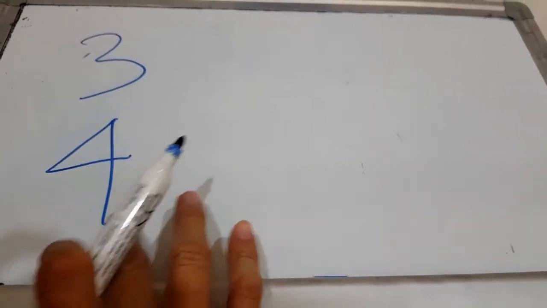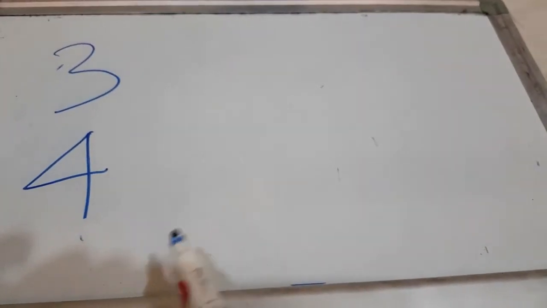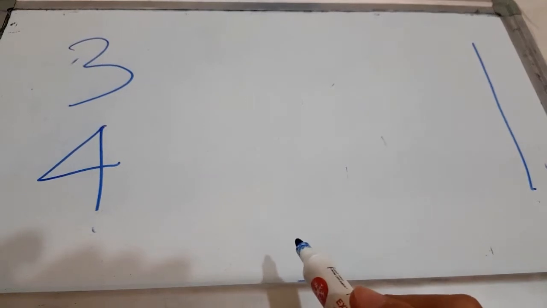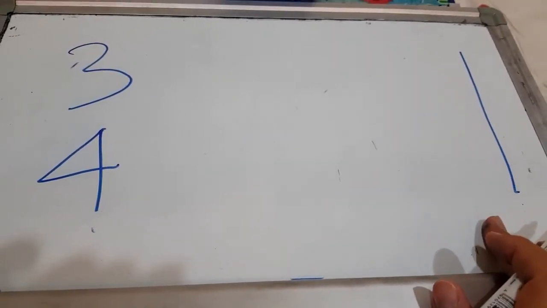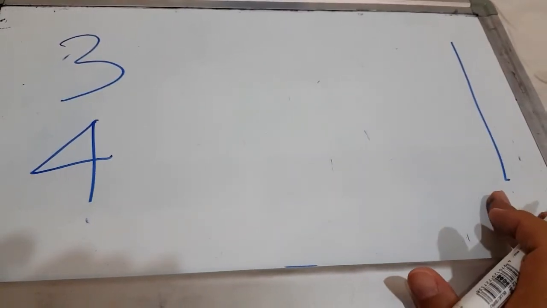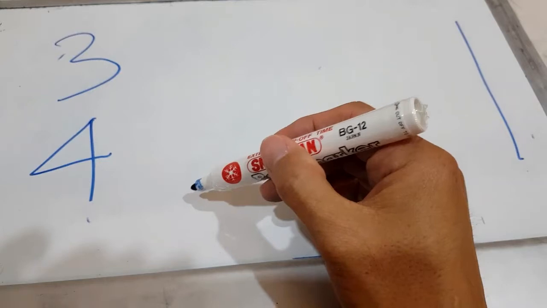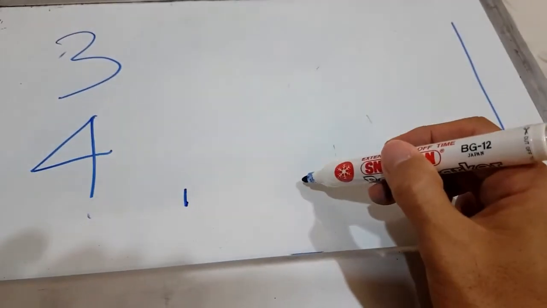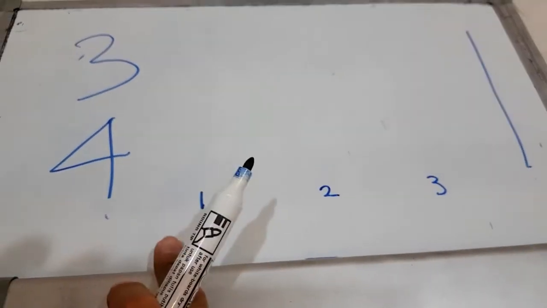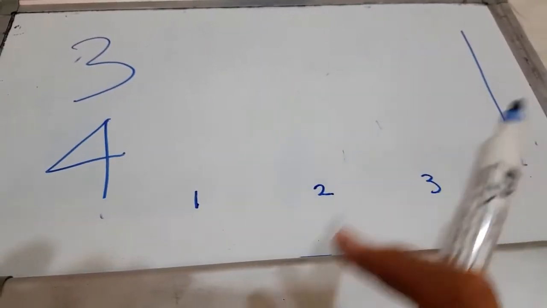If you see 3/4 time signature, can you guess how many beats we will have in a measure? This is our measure from here to here. How many beats? Yes, there are 3 beats. 1, 2, 3. 1, 2, 3.